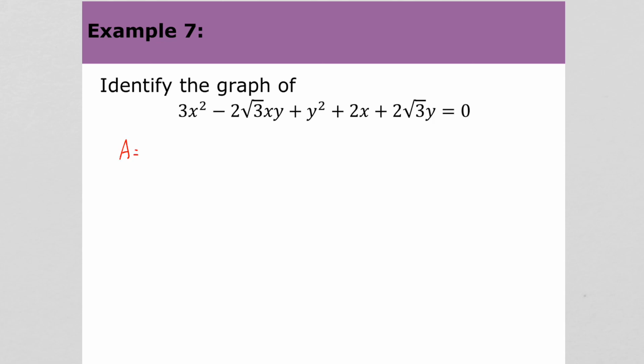So A is 3. B is -2 square root of 3. And C is 1. And so we plug into b squared minus 4ac. Sounds familiar, doesn't it?